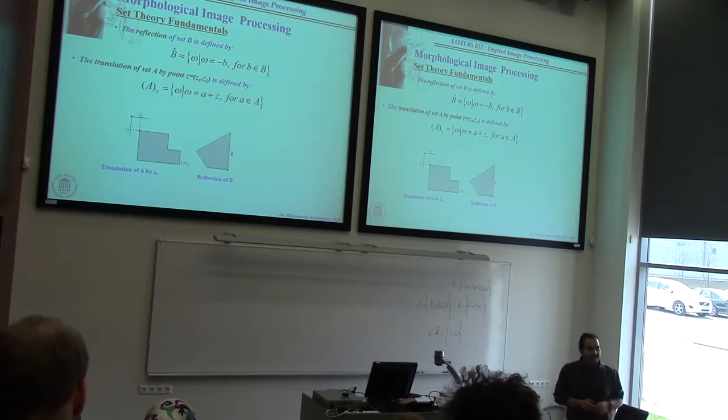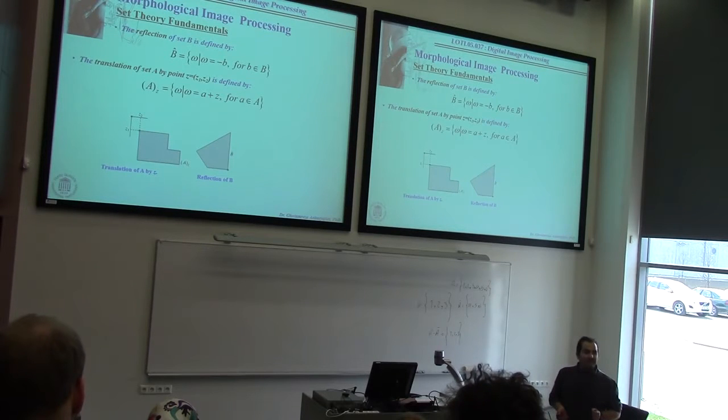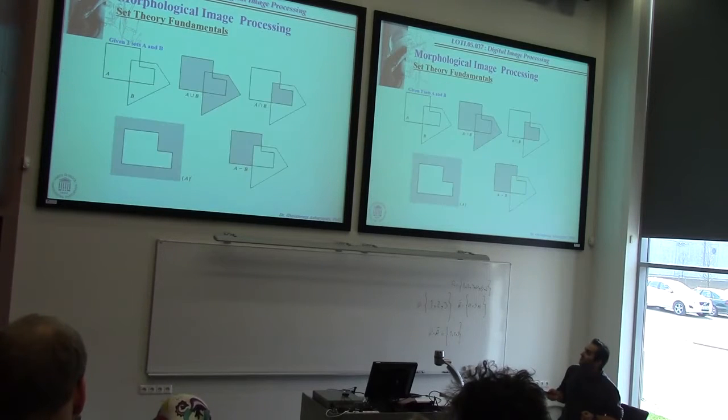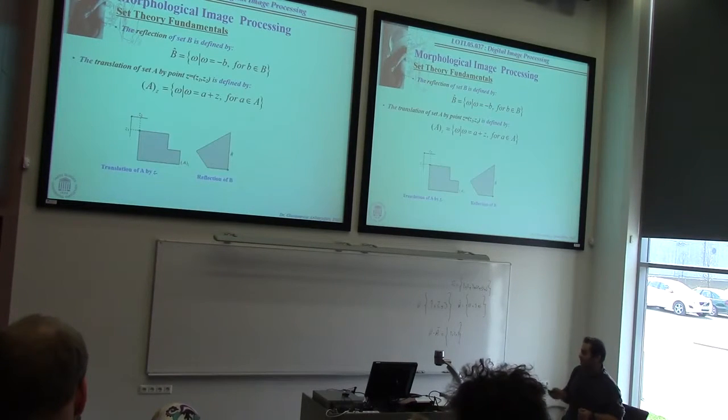We also have the reflection of B, which we call B hat. This is a definition that we have to know. As you remember, B has this shape, and the reflection of set B, which we call B hat, is like this.